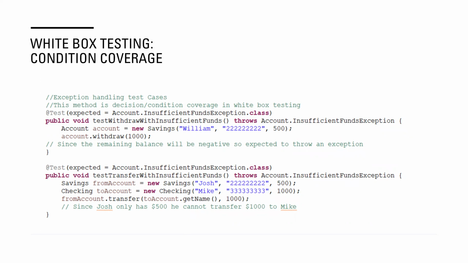This is an example of white box testing because we have designed the test case in such a way that it is supposed to fail and throw an error, and the assert is going to check that exception.